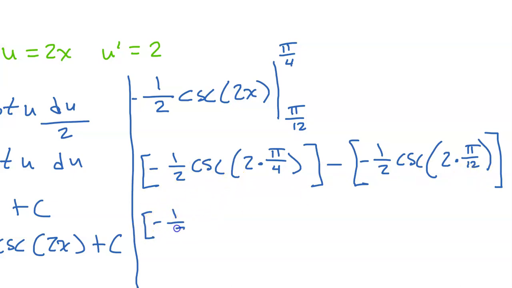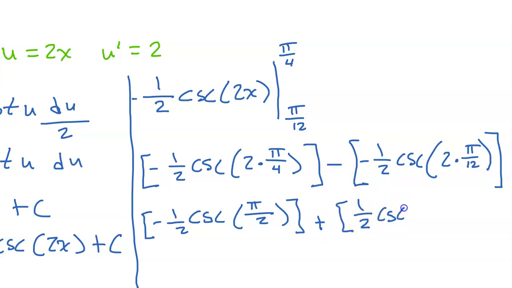Let's see, negative 1/2 cosecant. 2 times pi over 4 reduces to pi over 2. And this is going to be addition. I'm going to go ahead and deal with the minus and negative aspect of it. But then we have 1/2 cosecant of pi over 6.